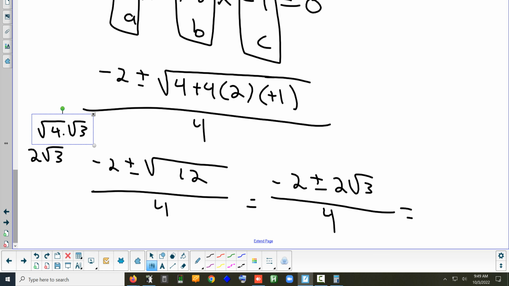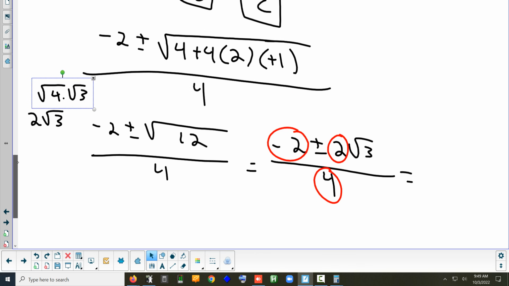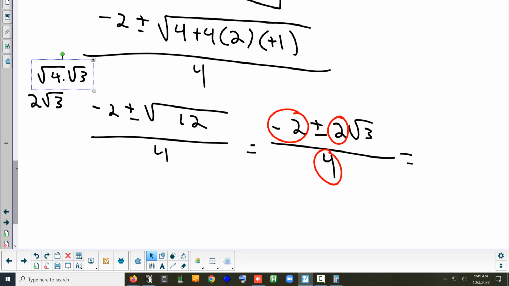And now, when we did that, look at these 3 numbers. It just happened to work out that every one of those numbers is divisible by what? 2. And that's our last step. Divide this by 2, you get 2. Divide that by 2, you get 1. Divide that by 2, you get 1. That doesn't always happen, usually doesn't happen, but this time it did.